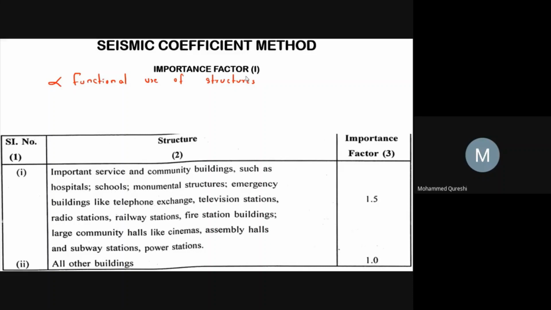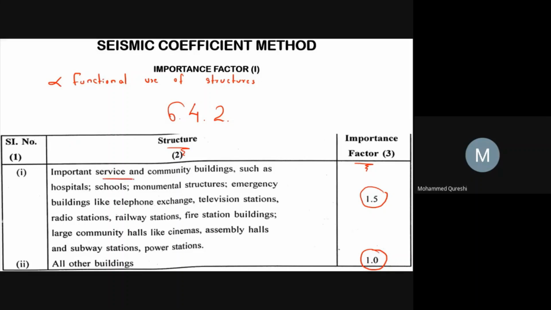The value for importance factor is given in IS code 1893, clause 6.4.2, and depends upon the type of structure; the value changes as 1.5 and 1.